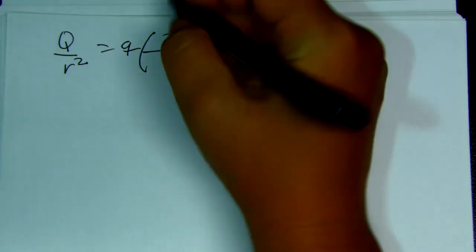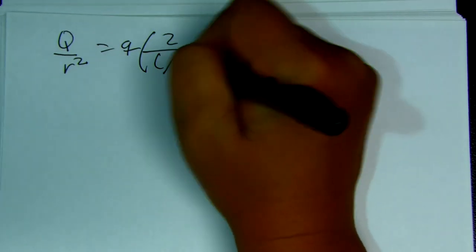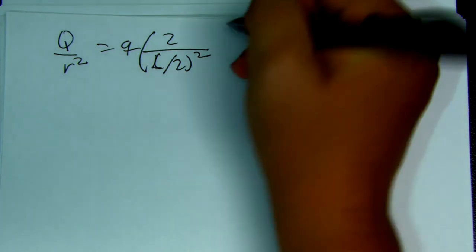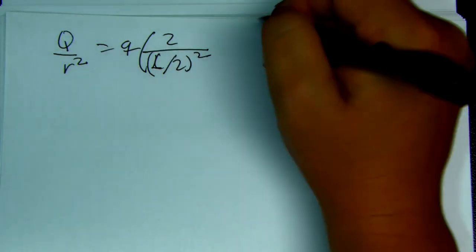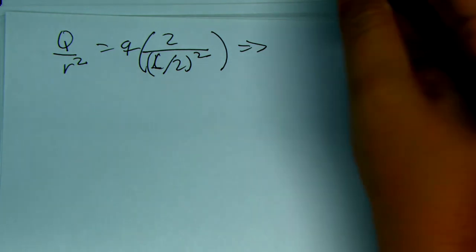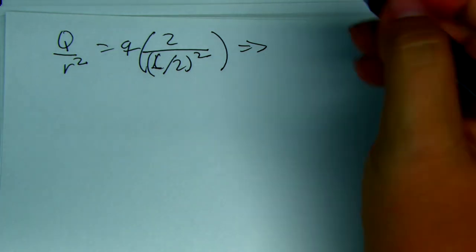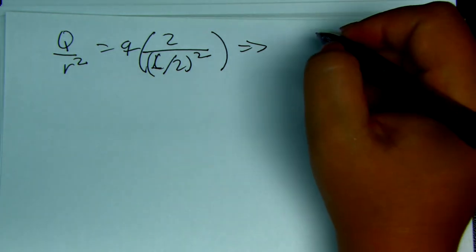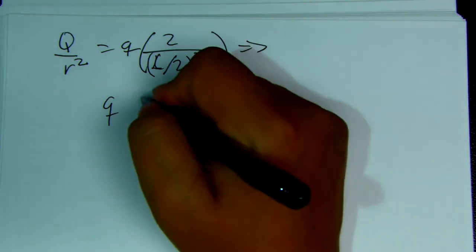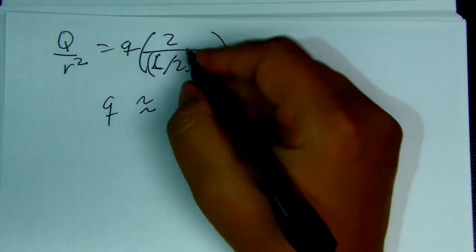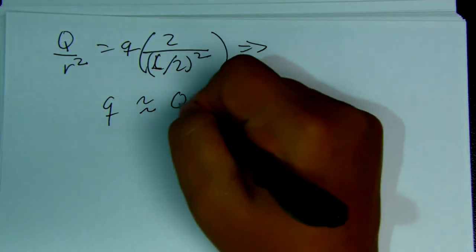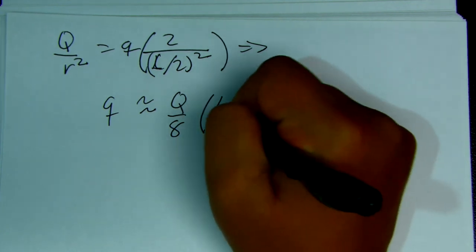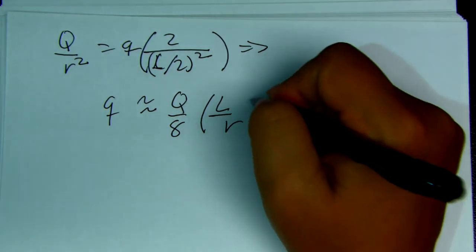So Q over R squared is equal to Q times 2 over L over 2 squared. And so we want to solve for Q. So Q is approximately Q over 8 L over R squared.